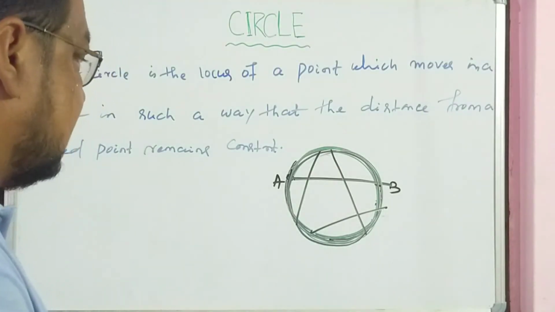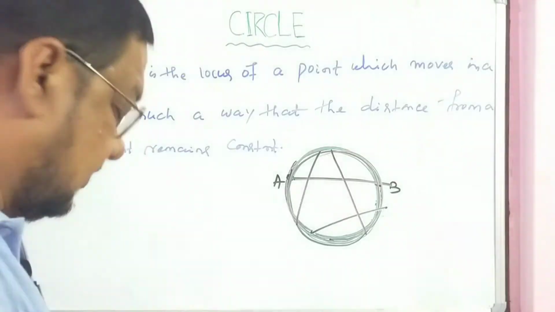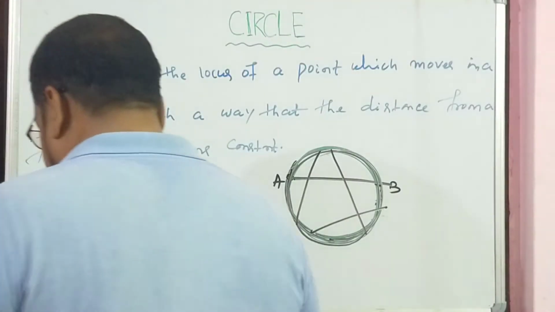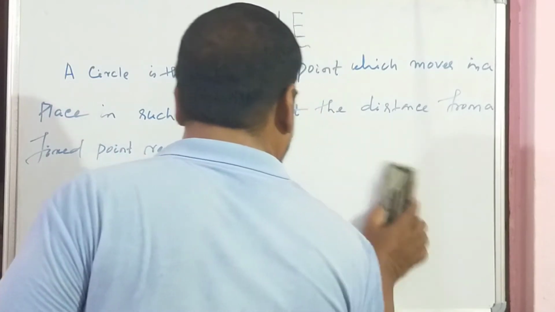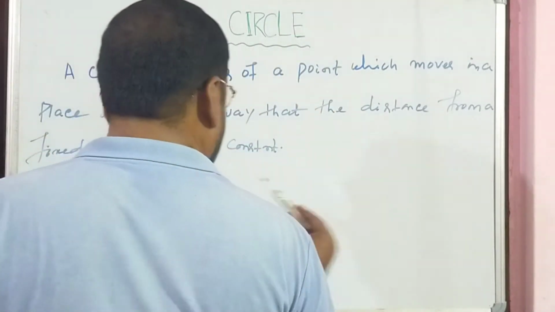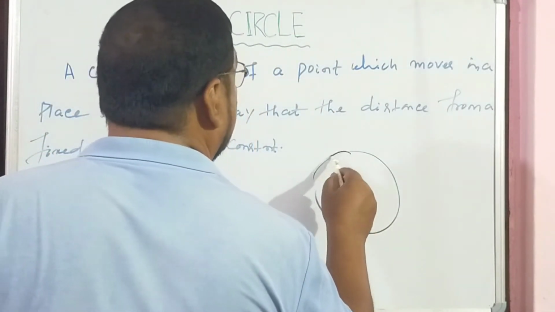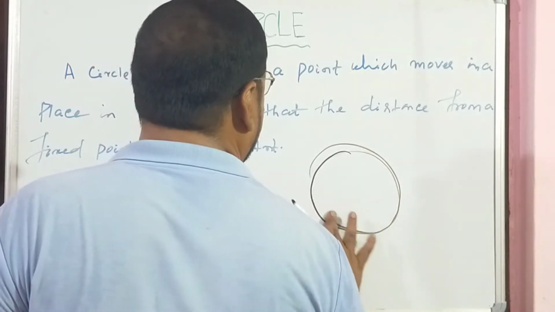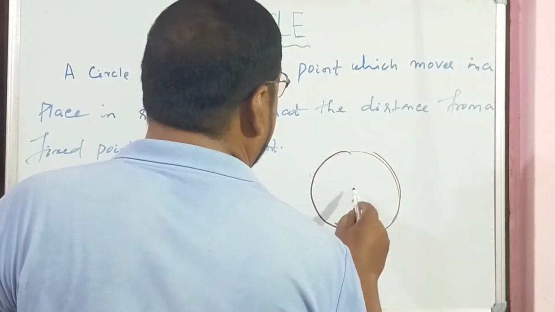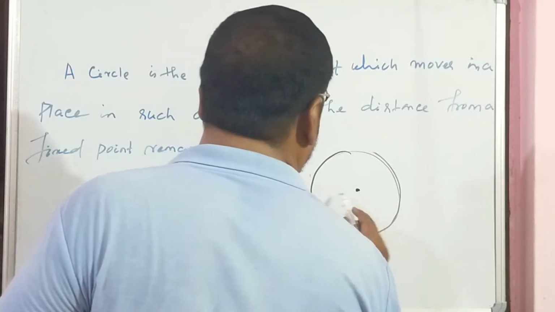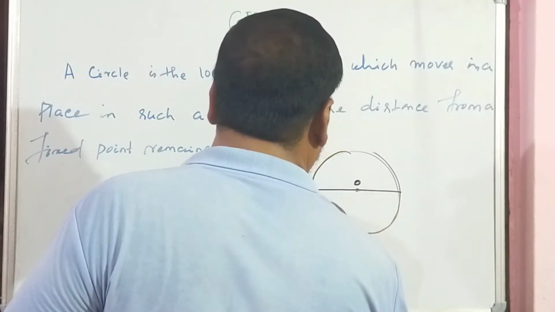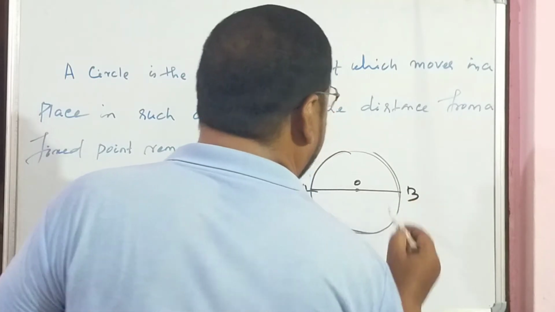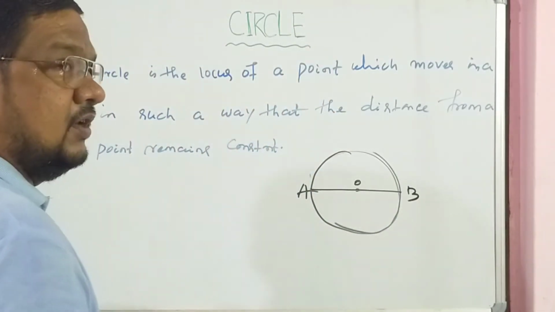And the chord passing through the center is called the diameter. Suppose this is a circle and this chord is passing through the center O. AB is the diameter of the circle. Diameter is the longest chord.